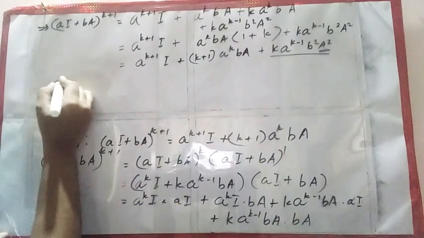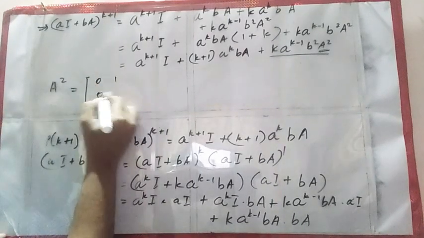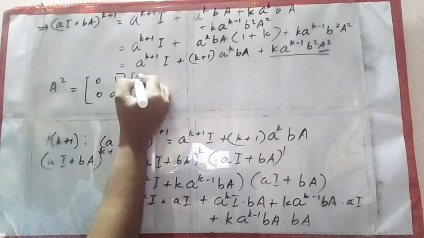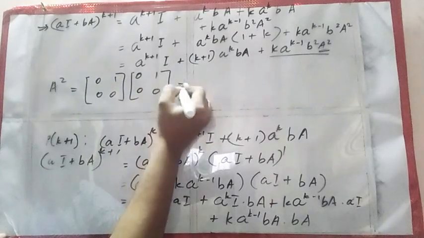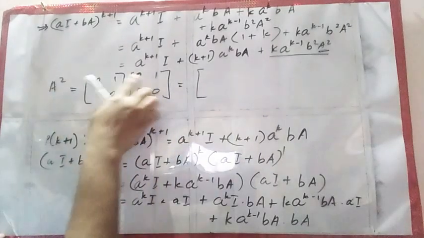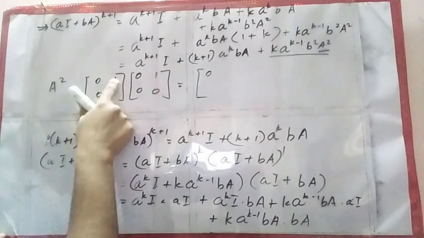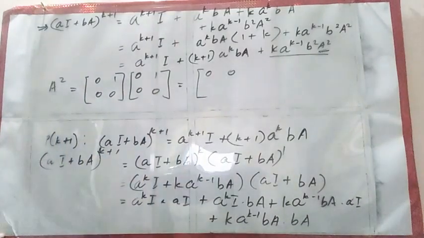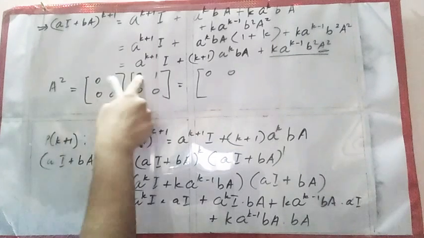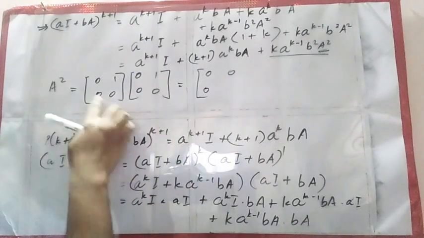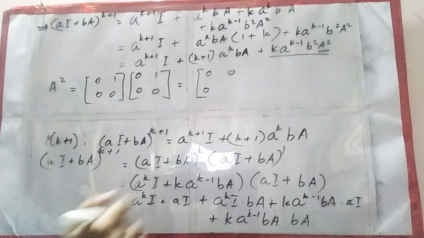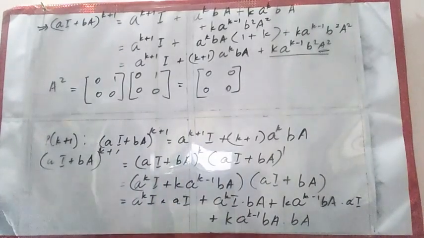So A square is equal to, we know that A is [0, 1; 0, 0] into [0, 1; 0, 0], is equal to, we get it as 0 into 0 plus 1 into 0 is 0, and next is 0 into 1 plus 1 into 0 is again 0, and in the second row first element 0 into 0 plus 0 into 0 is 0, 0 into 1 plus 0 into 0 is 0. Hence we got A square as a 0 matrix of order 2.